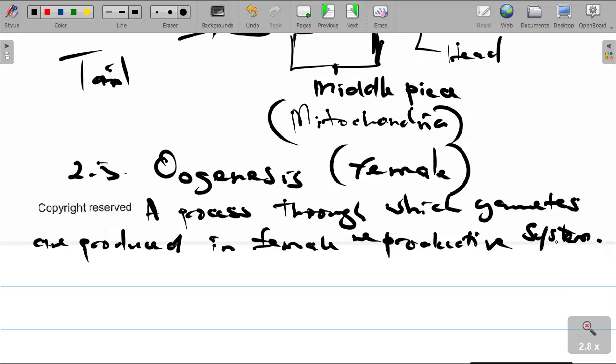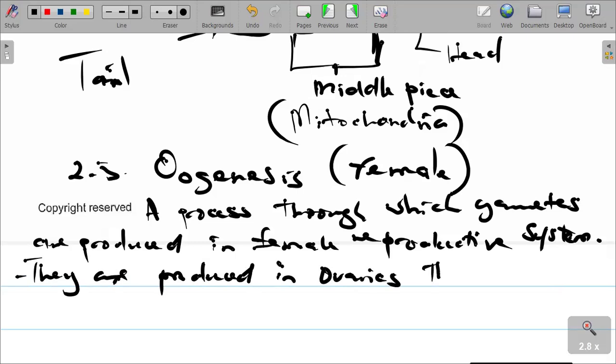So now what we need to understand is that they are produced in ovaries through meiosis, resulting in one large egg.